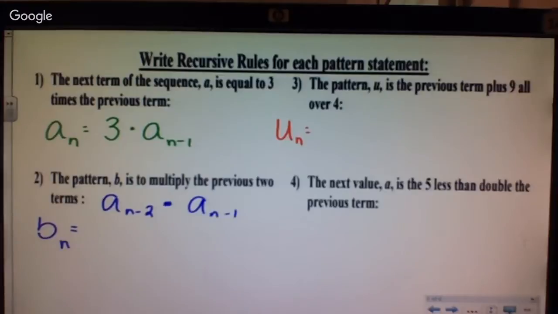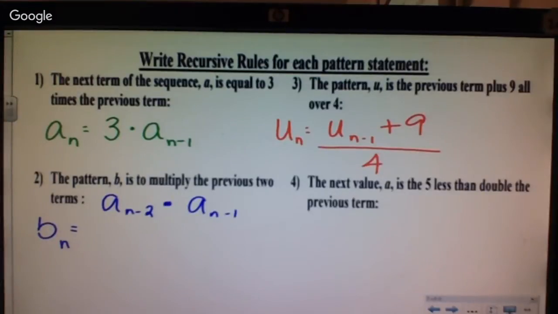So he said the previous term is 1 space back from this. So that's u sub n minus 1. And then it says plus 9. Somebody tell me, what does all over 4 mean? It means u sub n minus 1 plus 9 over 4. Yes. Over 4 means the entire thing is being divided by 4.